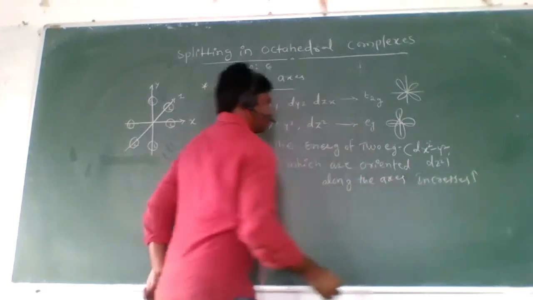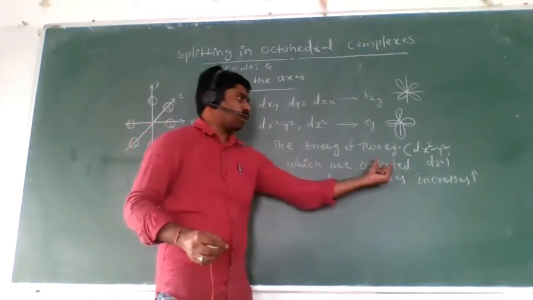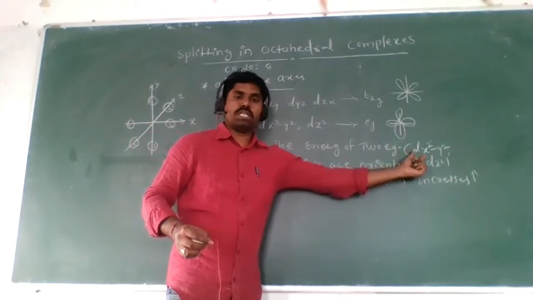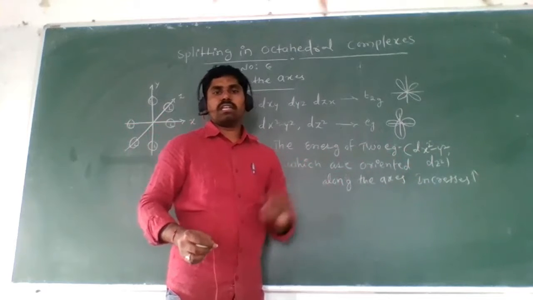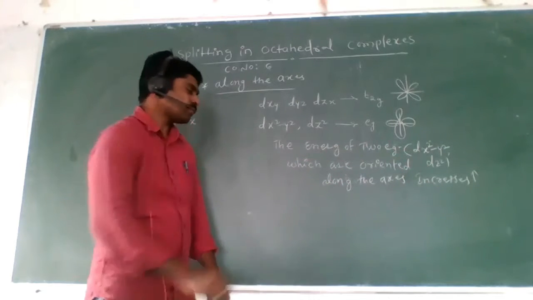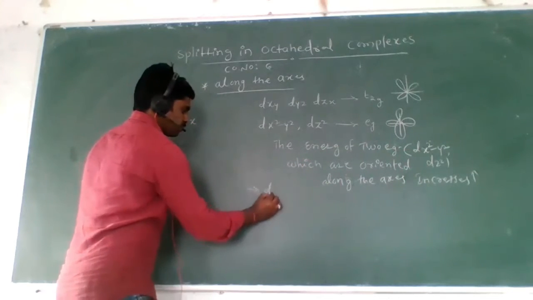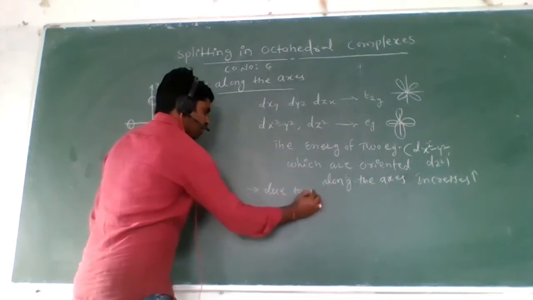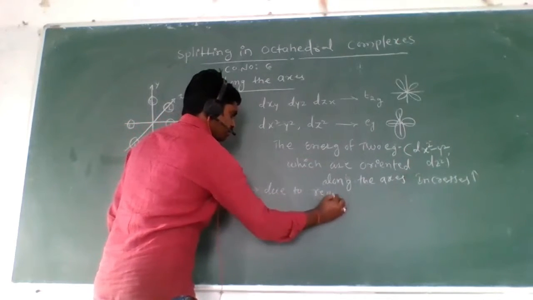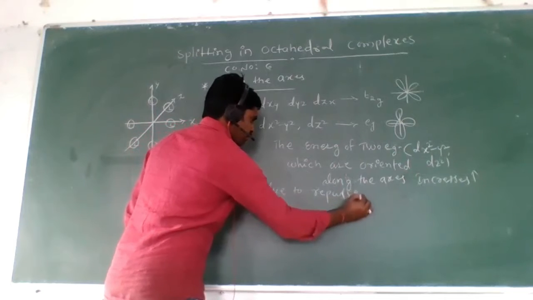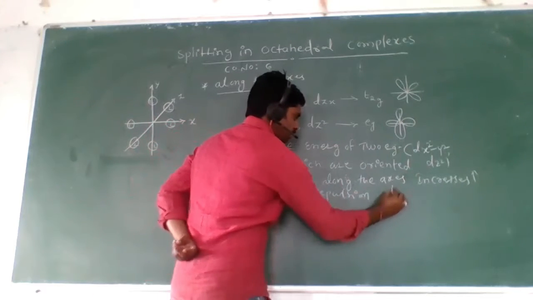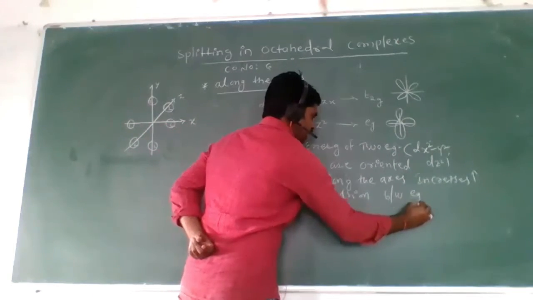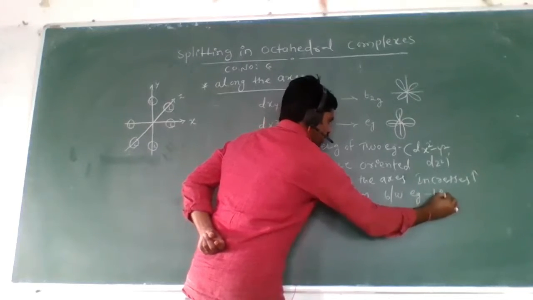Clear? The energies of these two Eg orbitals increase due to repulsions between the Eg orbitals and the ligands.